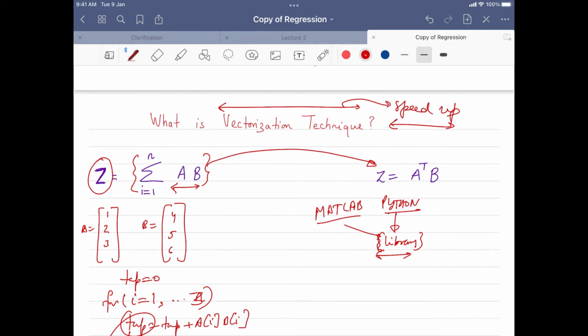If you do it through matrix multiplications, you will realize how fast it is. Within seconds you will get the answer, but if you are using for loops, you will get it after a few seconds. That is the main objective of doing vectorization here.